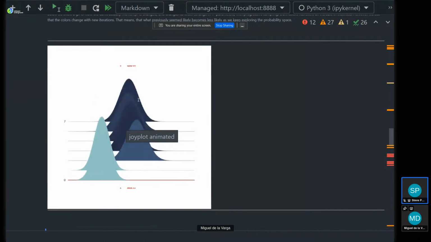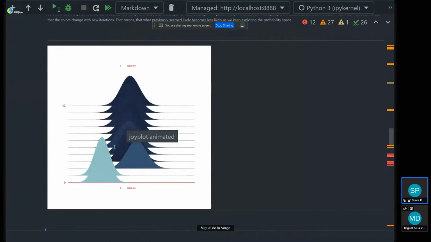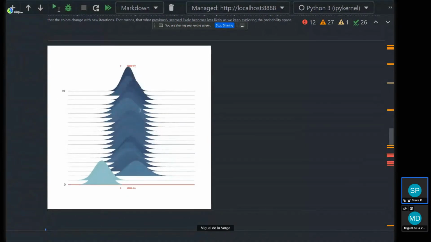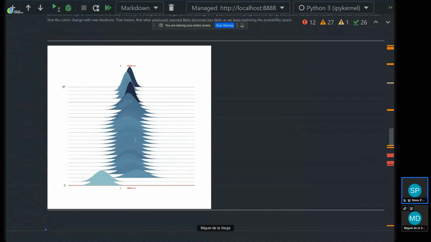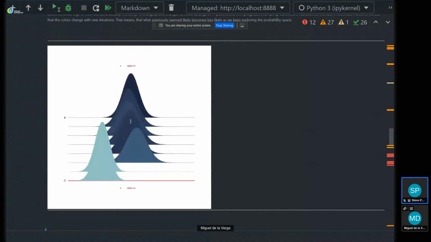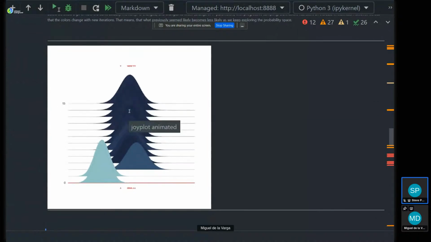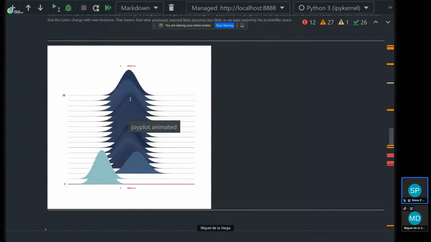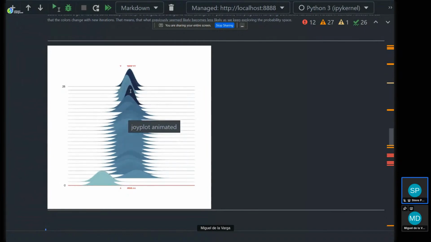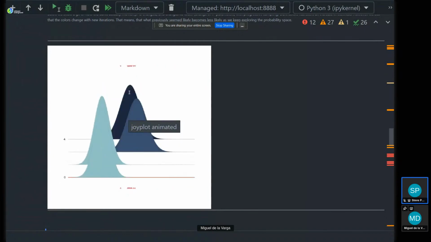At the beginning, because we only have one, they have the same color. But what we can see is that everything is getting darker. The bells that are appearing now are getting more and more likely compared with everything else, until one arrives that is much more likely than the rest.